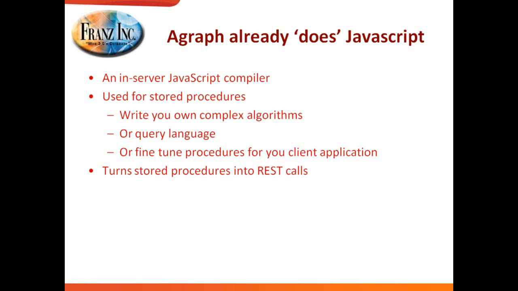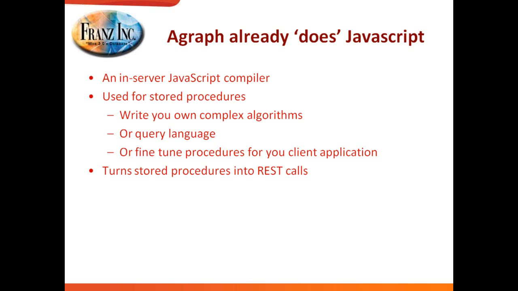If you want to know more about our AllegroGraph JavaScript API, just go to Google and type in AllegroGraph JavaScript, and you get straight to this page. We give you a whole bunch of JavaScript functions to manipulate parts and triples.